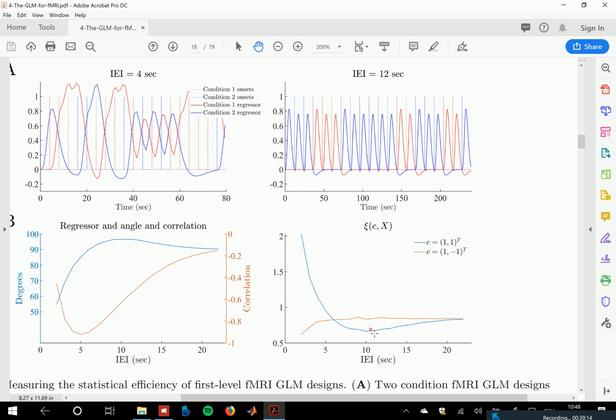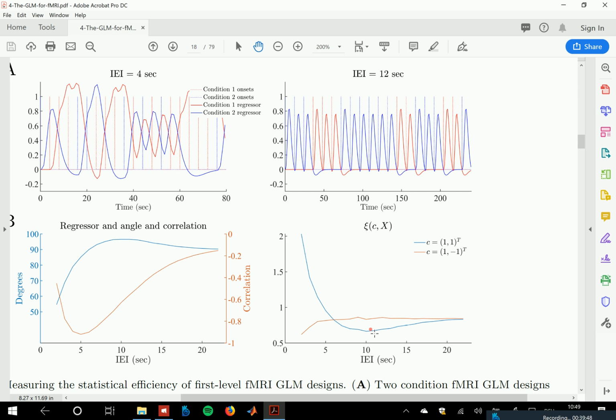So this is supposed to give you a taste for how to optimize designs, if you want to optimize designs. In general, and this is also generally correct whether you do simulations or theory or not, it makes sense to randomize as much as possible, and it also makes sense to not have things too close together in time.